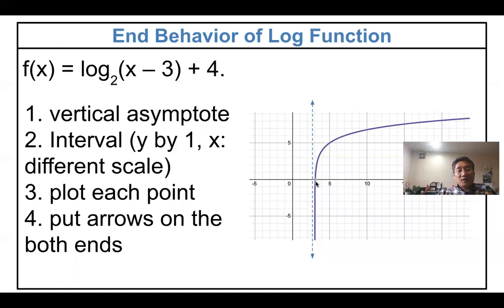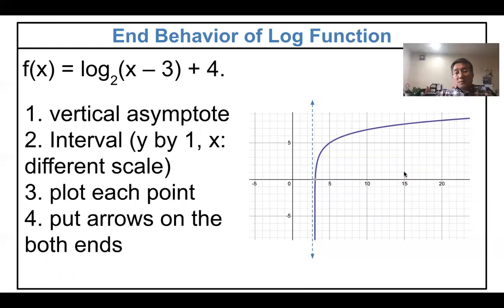But in the log function, y goes up by 1. But for x in the log, you can use a different scale because x will go to very big numbers. So you can go by 2, 4, 6 if you want to make a scale, but you should make it even, right?